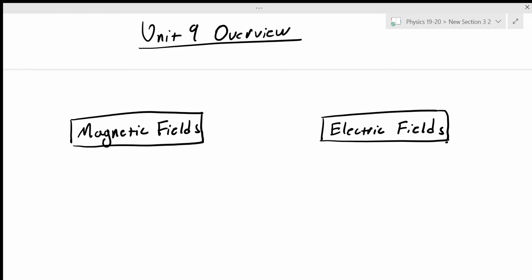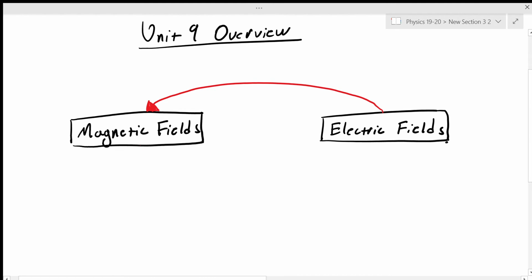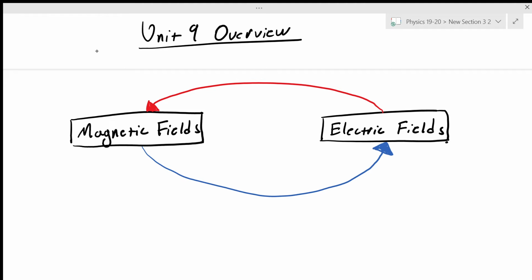So the big idea in this unit is this cyclical relationship between magnetic fields and electric fields. And there's two closely related phenomena that we're going to be looking at. The first phenomenon is how an electric field can actually produce a magnetic field.